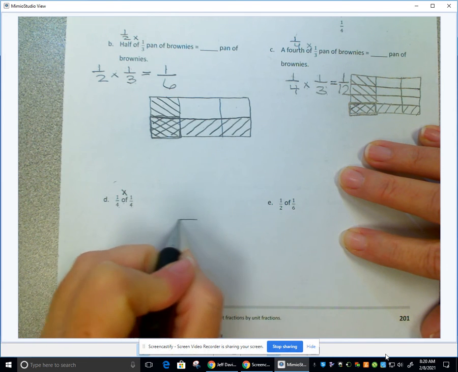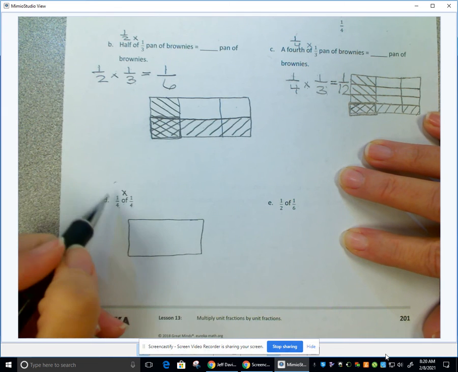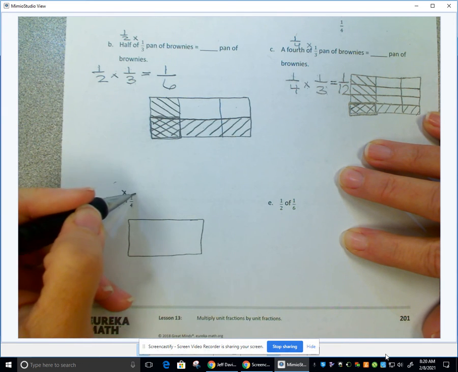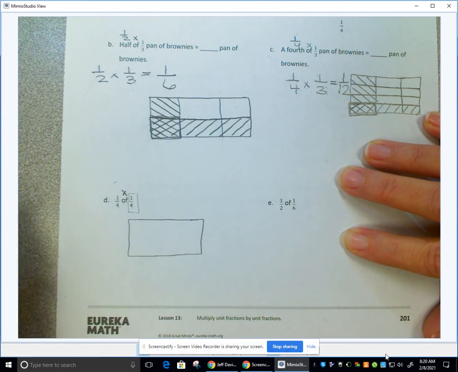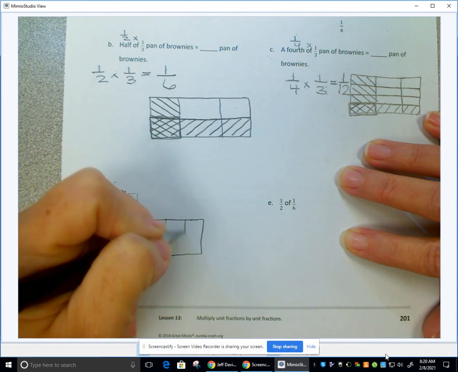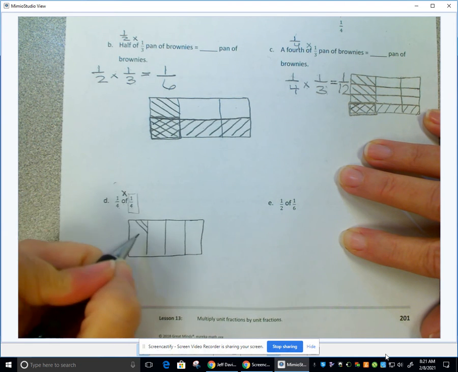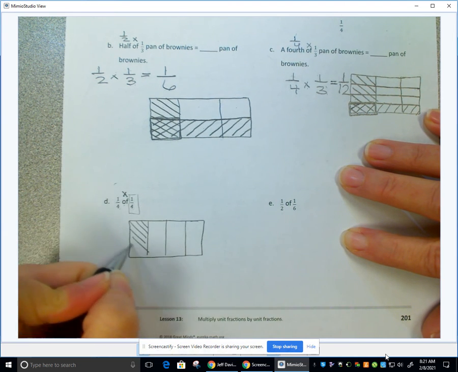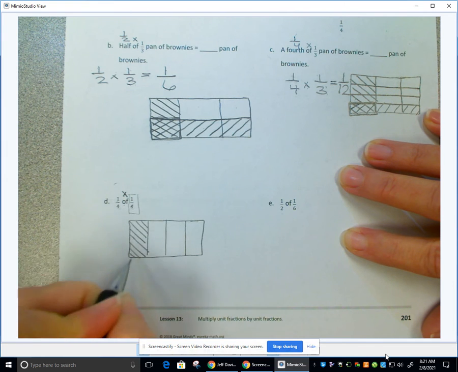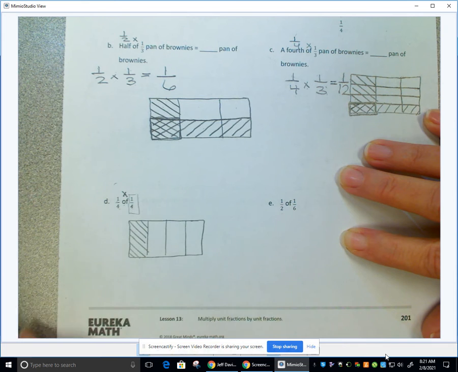So let me draw my picture. And I want 1/4 of 1/4. This was here first, right? So I want fourths. And if I want one of the fourths, then I'll do a diagonal pattern over one of them. See, there's 1, there's 2, there's 3, there's 4.